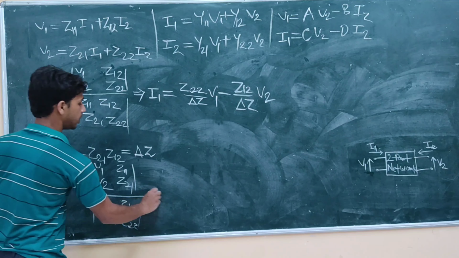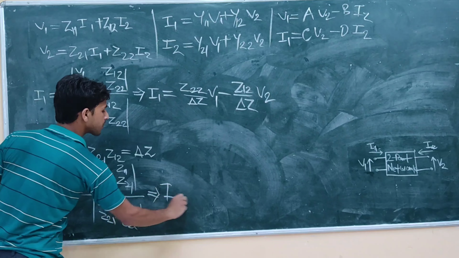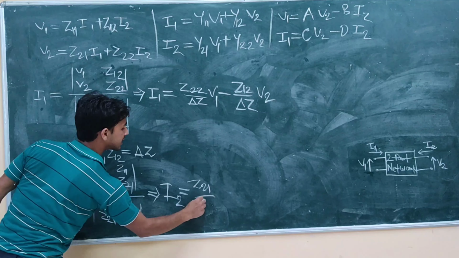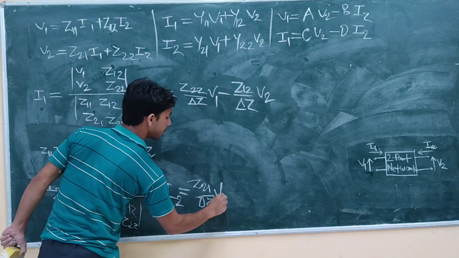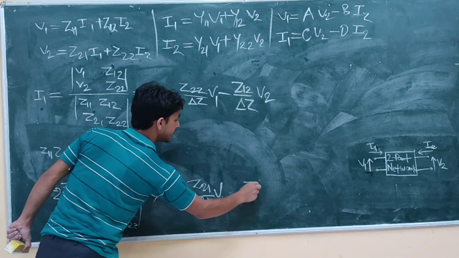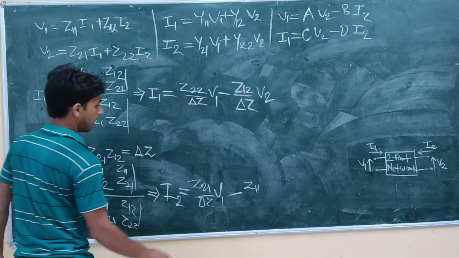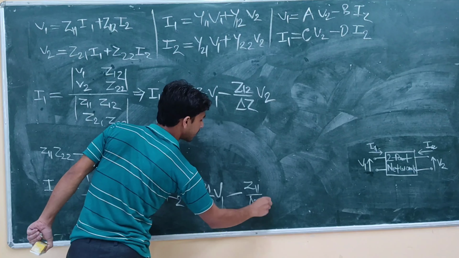By doing the math, we will get the value for I2 equals Z21 by delta Z times V1 minus Z11 by delta Z times V2.